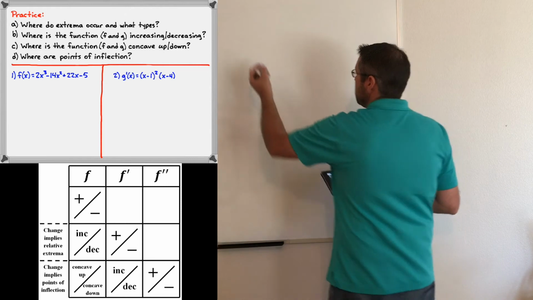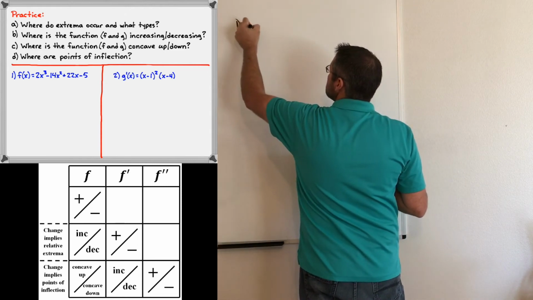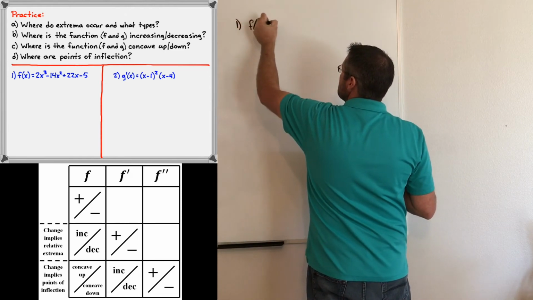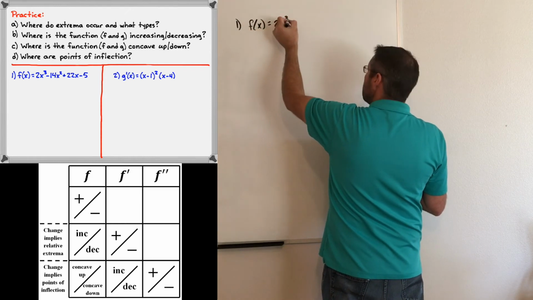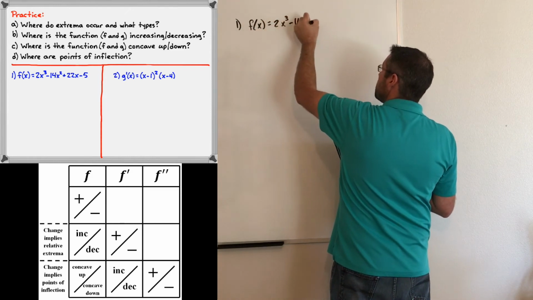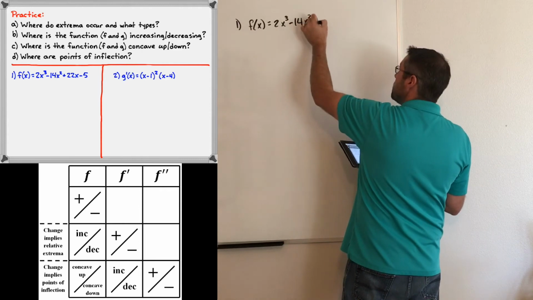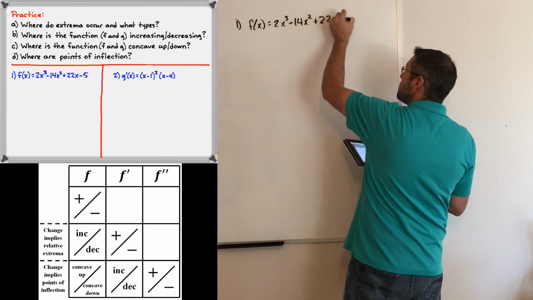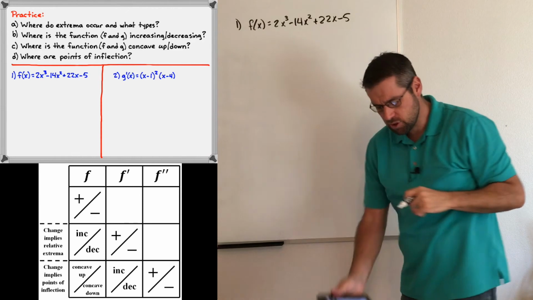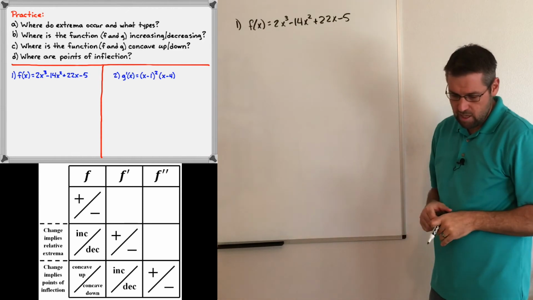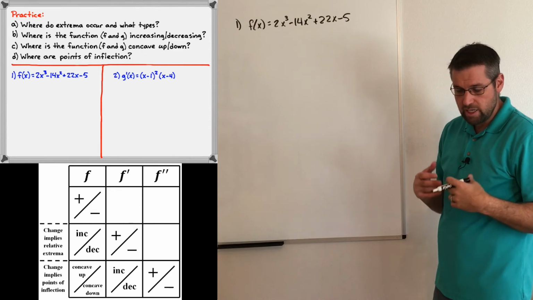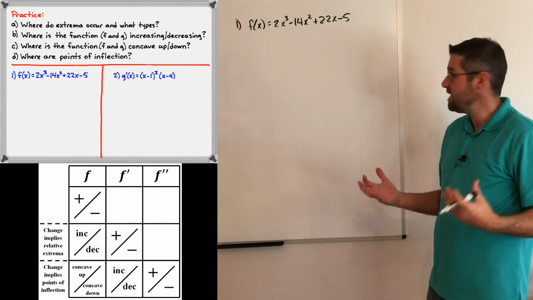So for number 1 here, it says that f of x is equal to 2x cubed minus 14x squared plus 22x minus 5. So the function f of x is given. We want to know, where do extrema occur and what types?